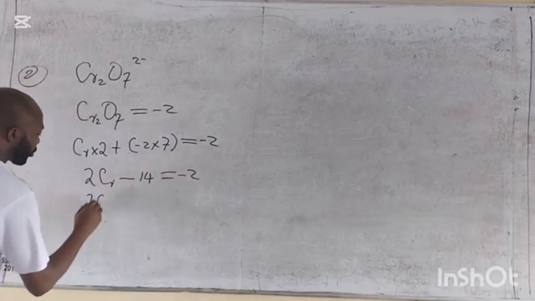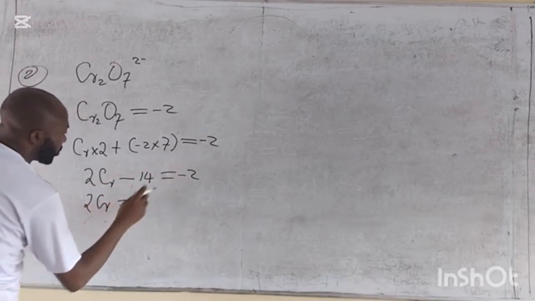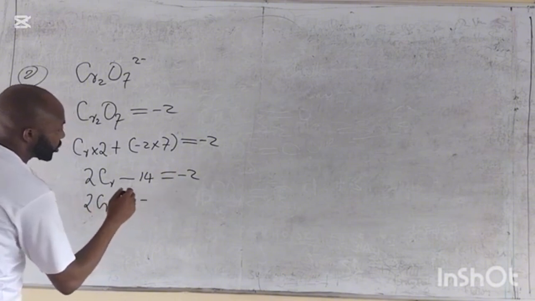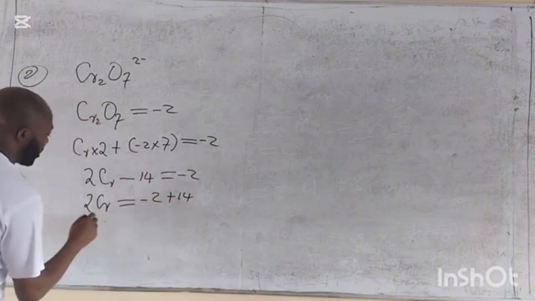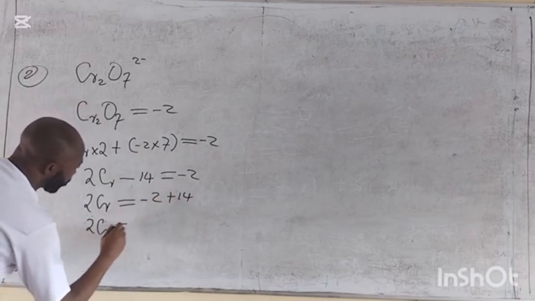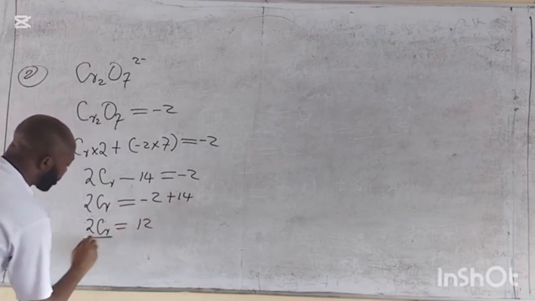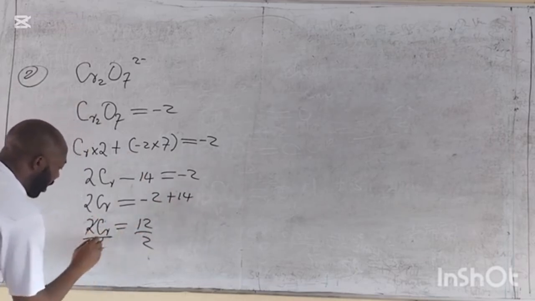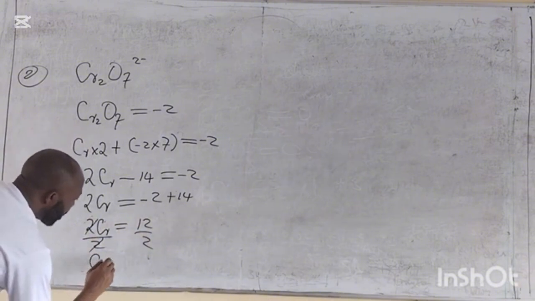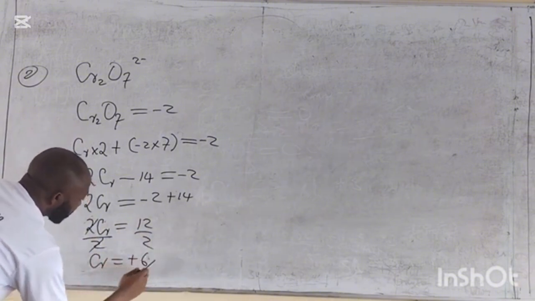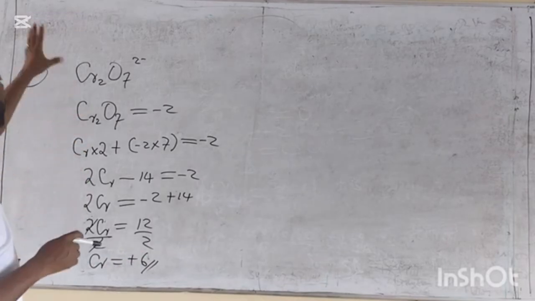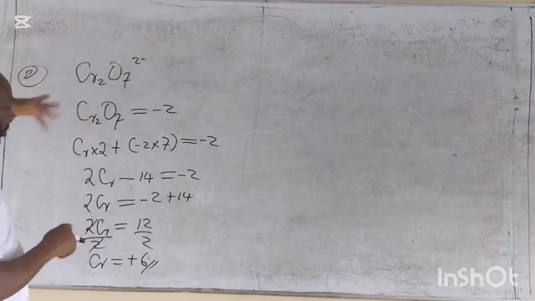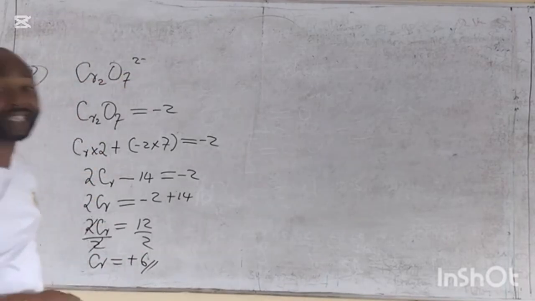So I have 2 chromium is equal to minus 2, this crossover becomes plus 14. 2 chromium is equal to 12. Divide both sides by 2. I'll have chromium is equal to plus 6. So the oxidation number of chromium in this compound is plus 6.